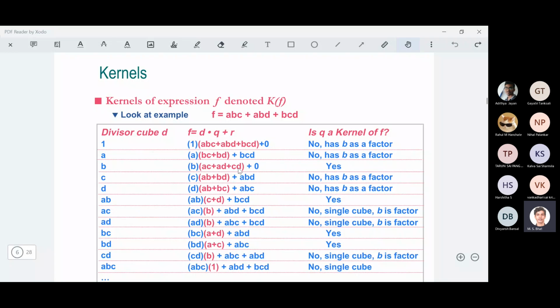This ac + ad + cd is our quotient, and it is cube free because you cannot extract any single cube from this with zero remainder. Therefore, this quotient is a kernel.